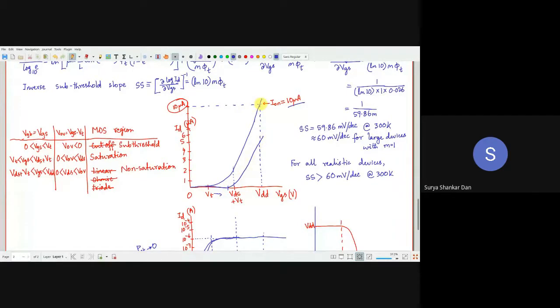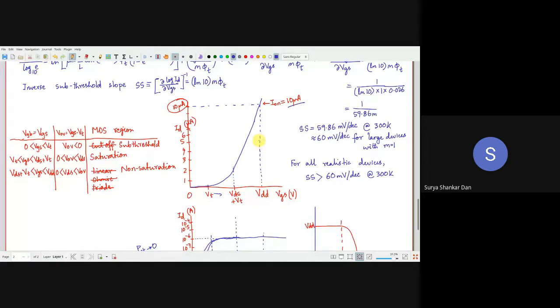Then your on current will take a huge hit, as you can see. This is of course one of the reasons, and I will tell all the reasons why VT cannot be increased. This is one of the main reasons. Your on current will be drastically reduced, and as a consequence, what will happen? Your fan out will decrease.